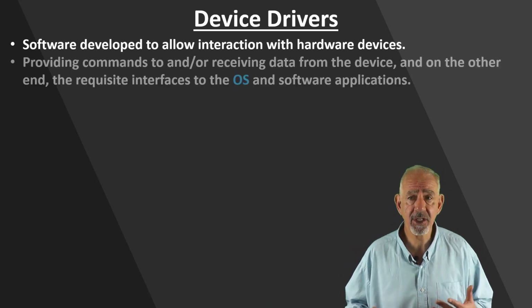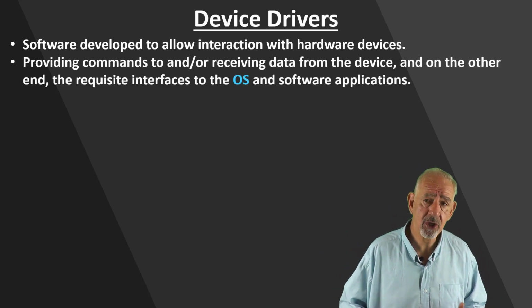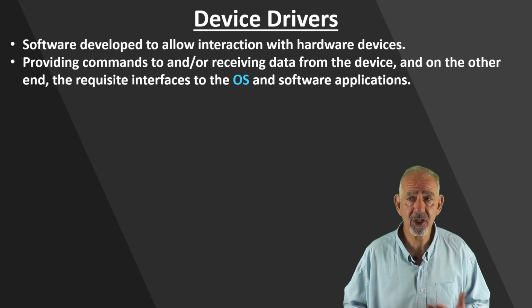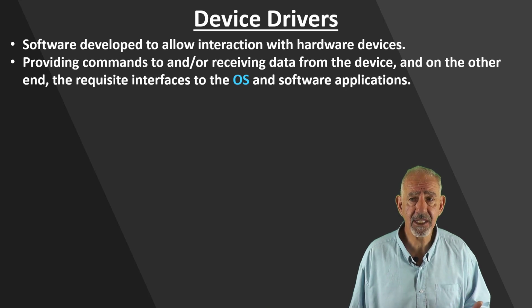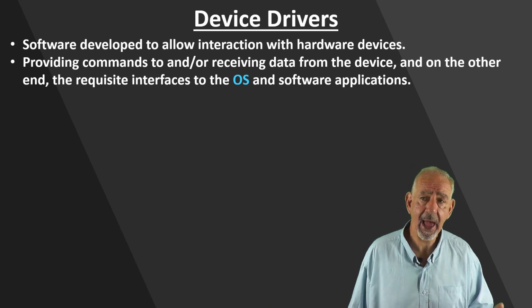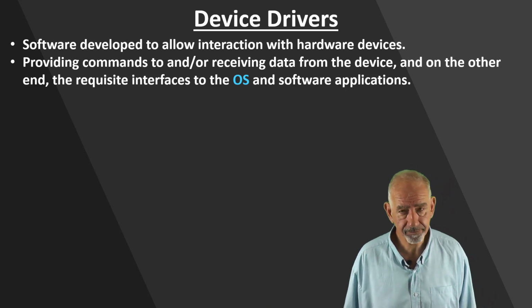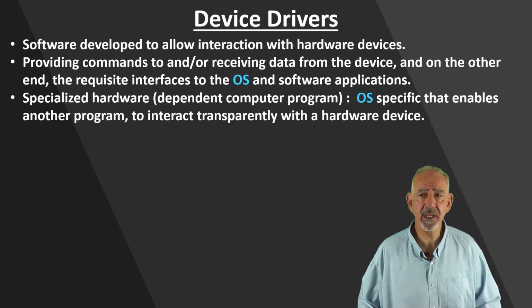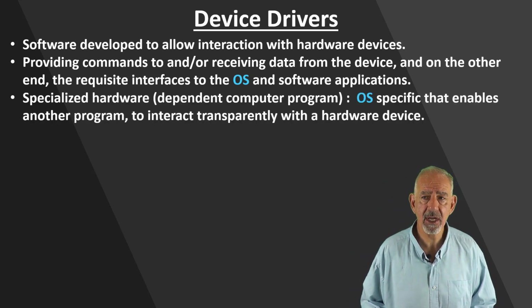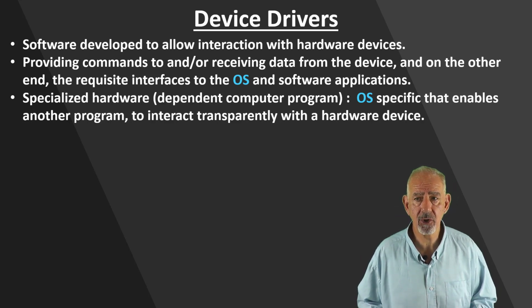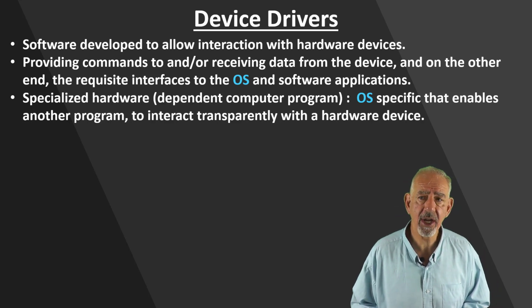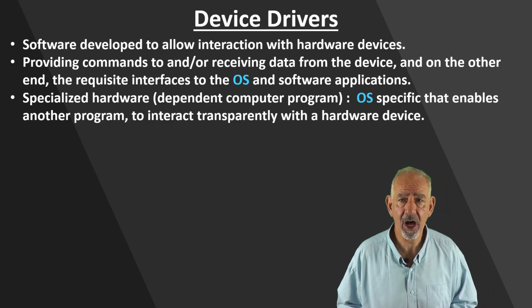The idea is it provides commands that go to and from the device and receive data from the device on the other end. And that means we need a specific interface to the operating system and the software application. So we have specialized hardware-dependent computer programs that allow us to talk to the particular hardware we want, and give us some sort of transparent interaction with that hardware device.